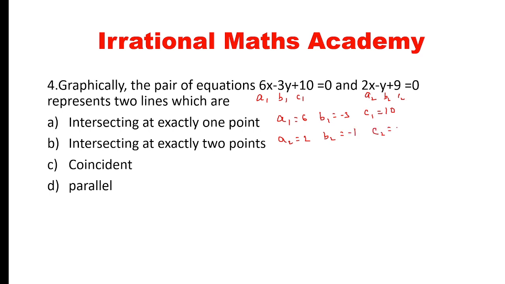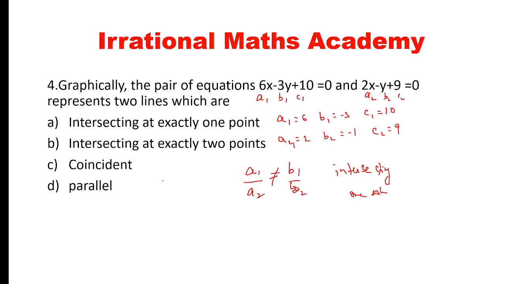And C2 value is what? 9. So if you observe this one, these pair of lines satisfy which condition? Intersecting line condition, that is a1 by a2 not equal to b1 by b2. If it is satisfying this condition, then we can say it is intersecting lines. If it is intersecting lines, we'll have only one solution.